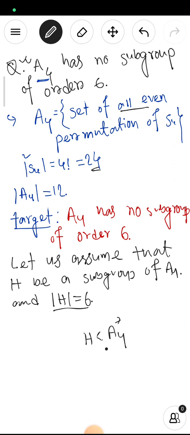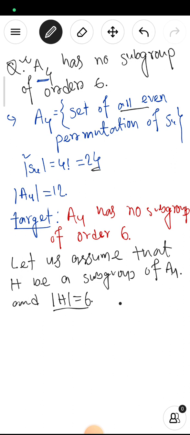So all the elements in A4 are even permutations, and H is a subgroup of A4. Then obviously the elements of H are also even permutations. So H is nothing but a collection of even permutations of A4.